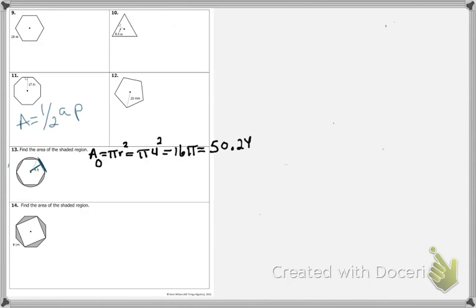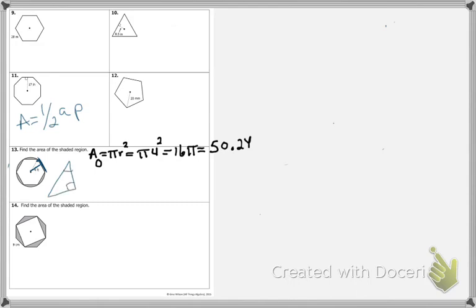Alright, so here we go. We know it's a hexagon. We know that we're dealing with 60 degrees. This little piece right here is 60 degrees. I'm only saying that because the last two problems we did were hexagons, so I already know that. I don't want to have to do all that work again. So we have a right triangle right here.